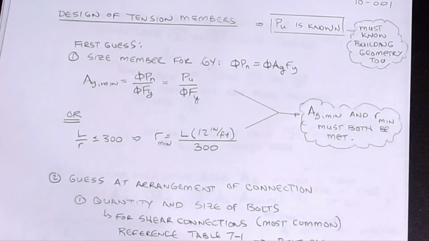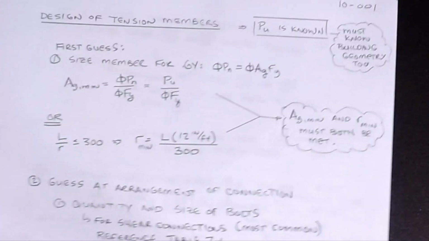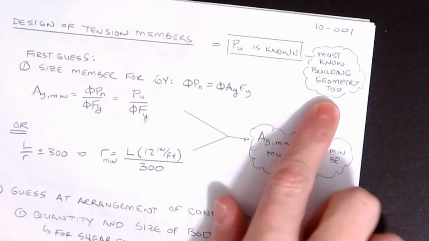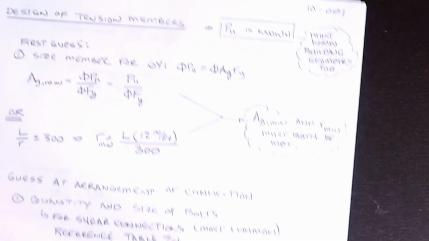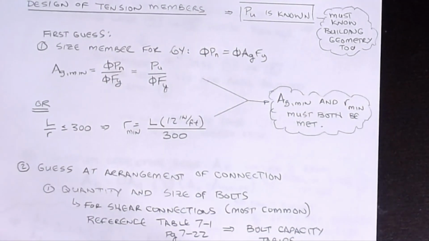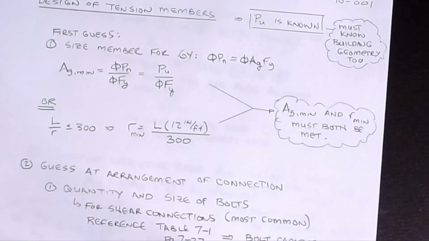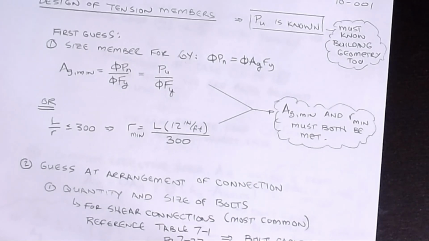So for me, whenever I start on this, I've got the architectural drawings, and I've got a guess of how much load is going to be on that, whether it's from experience or from preliminary analysis runs using computer software, whatever the case may be. So the first thing I need to do is come up with a first guess, and this is how I propose to come up with this.